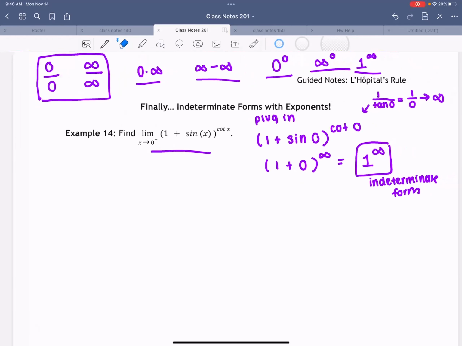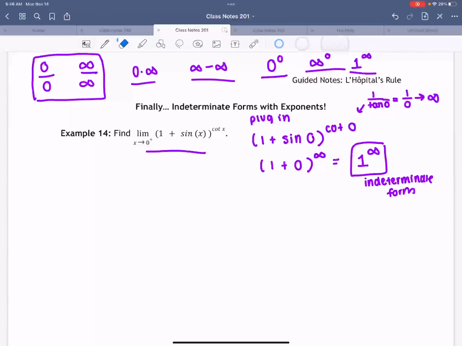Now I can't use L'Hopital's rule here because I don't have a 0 over 0 or infinity over infinity. That's not there yet, right? We have to change this into some sort of fraction. Now it's very hard to see how a power turns into a fraction, and let me give you a hint as to what we're going to do with this. Why don't I just make the inside equal to y?